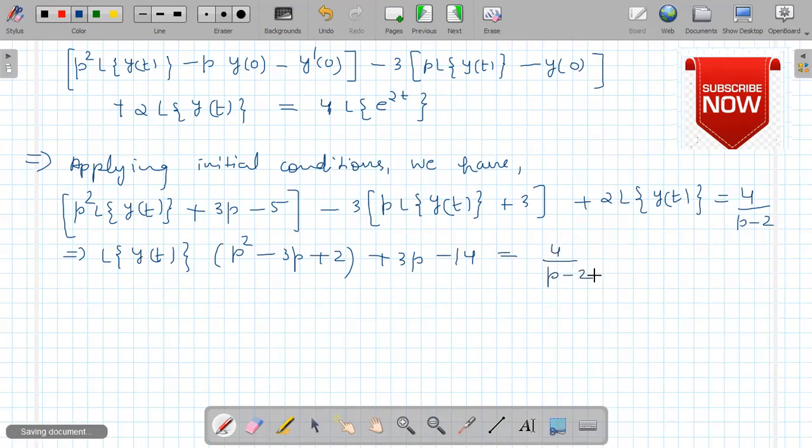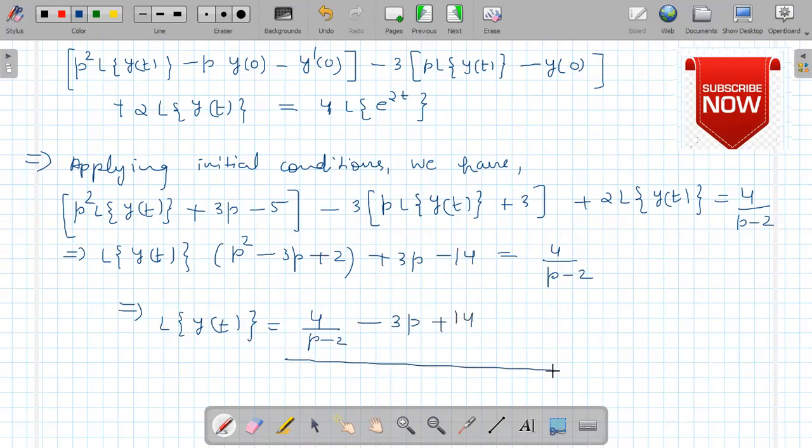Okay, so the value of L of y(t) is 4 upon p minus 2 minus 3p plus 14 over p square minus 3p plus 2.